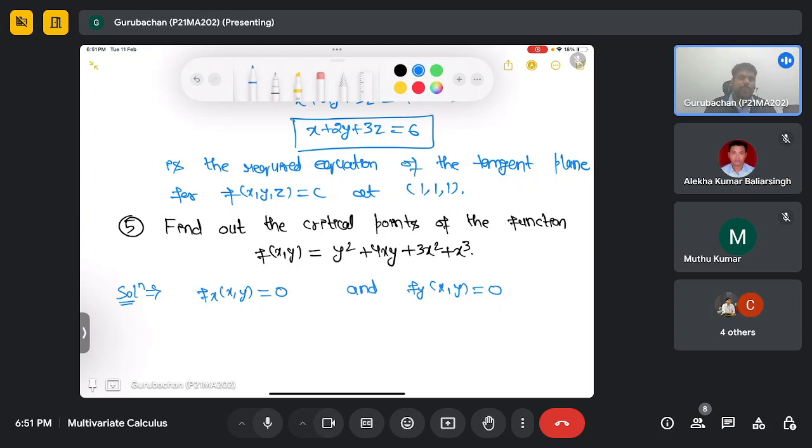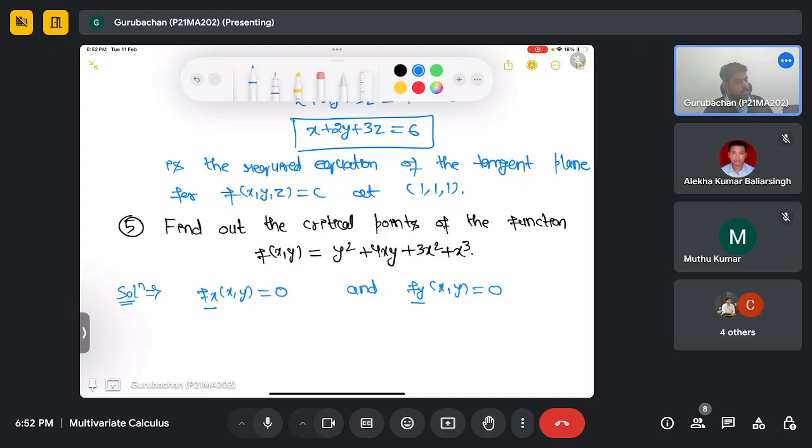We can also consider some more points as critical points, for which the partial derivative fx or the partial derivative fy, any of them or maybe both of them, does not exist. So to find the critical points, we need to check where these partial derivatives are zero or where any one of them is not defined.